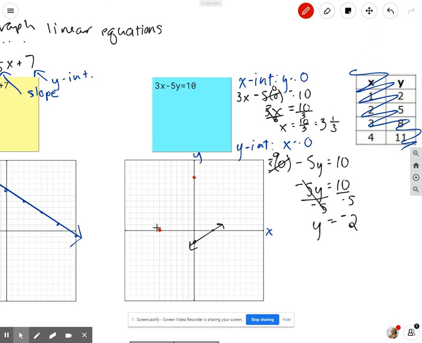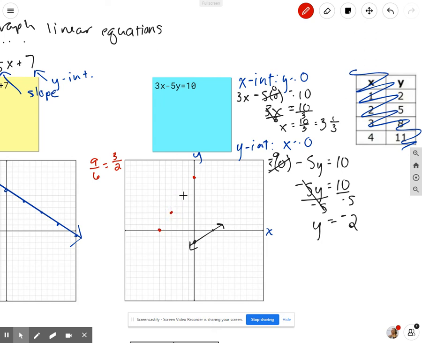Our rise is 9 and our run is 6, so our slope would be 9 over 6. That reduces to 3 over 2, so our rise is 3, our run is 2. To find points in between, we start at this point and go up 3 over 2.